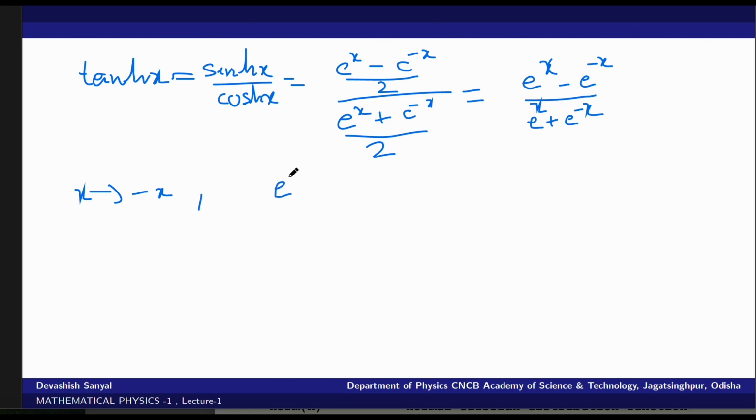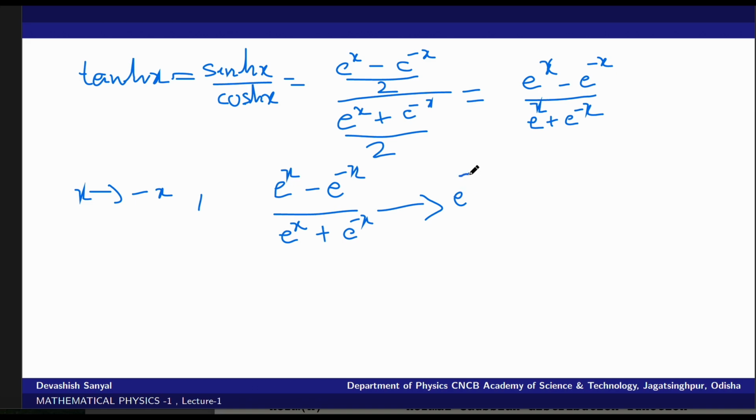We have e to the power x minus e to the power minus x divided by e to the power x plus e to the power minus x. How does it change?